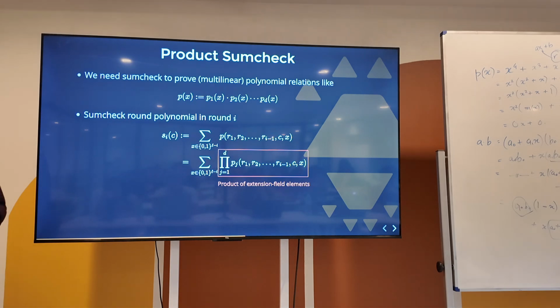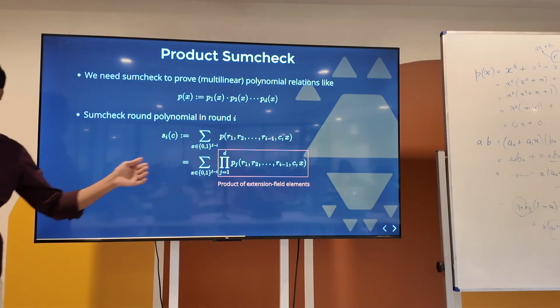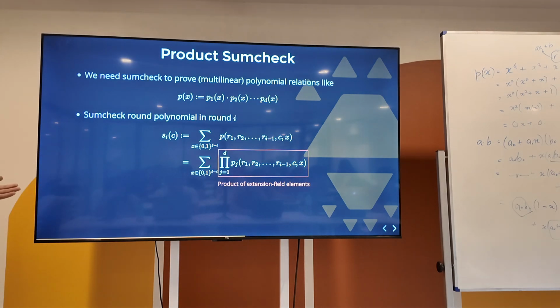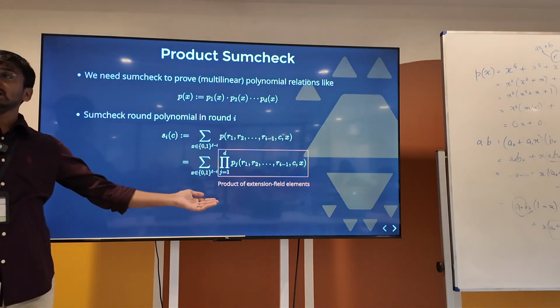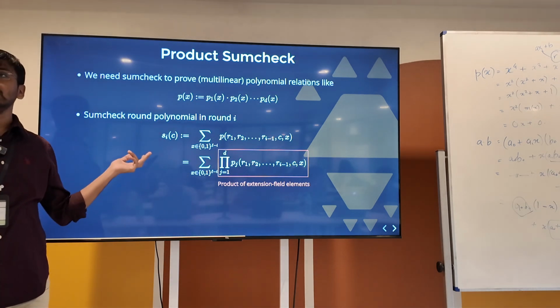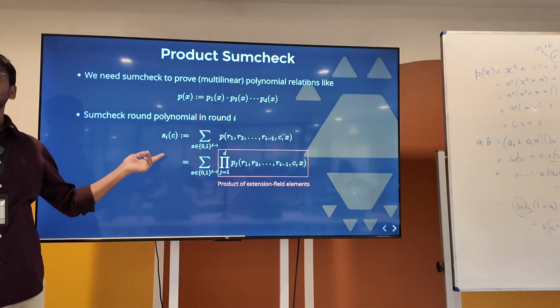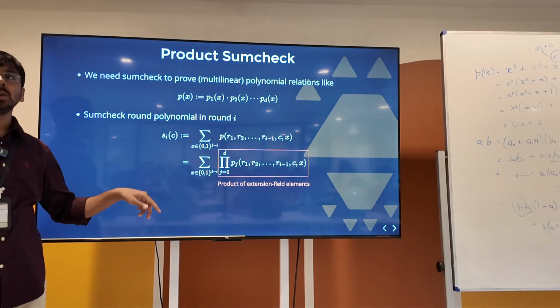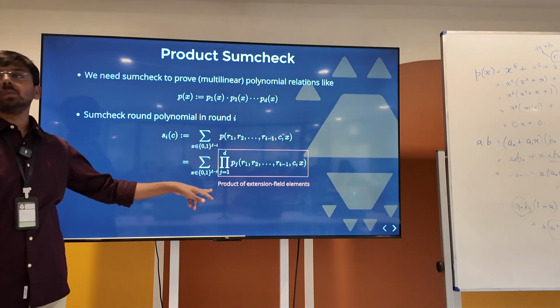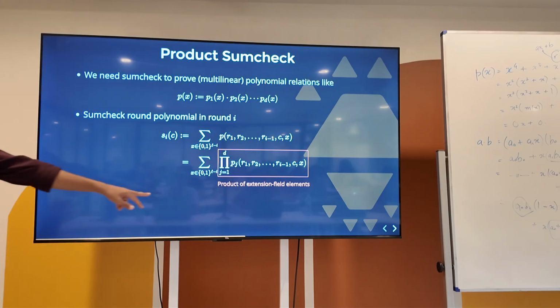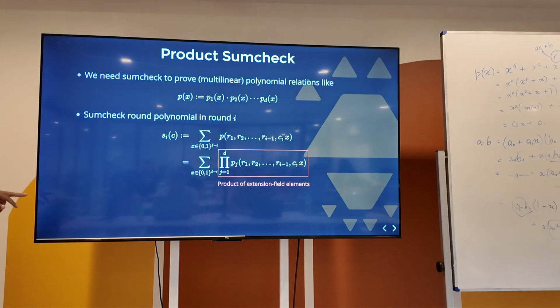And as I said, the product of extension field elements is very expensive, right? And that is exactly why we are seeing this become the bottleneck. Because in every round polynomial computation, after the first round, you will have lots and lots of extension field multiplications, right? Which is very expensive.